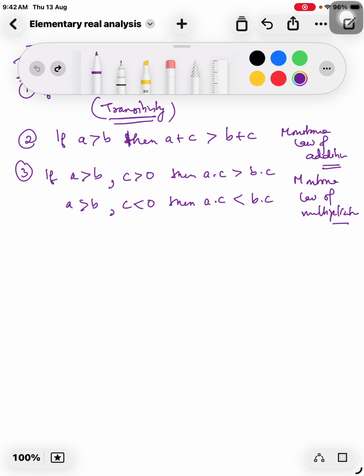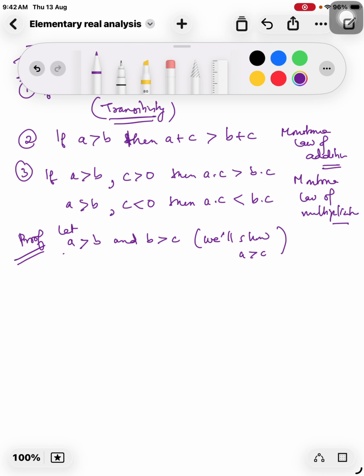So let us see what is the proof of this first part, which is transitivity. In this we have to prove that if A is greater than B and B is greater than C, we have to show A greater than C, right? Now this is given to us.